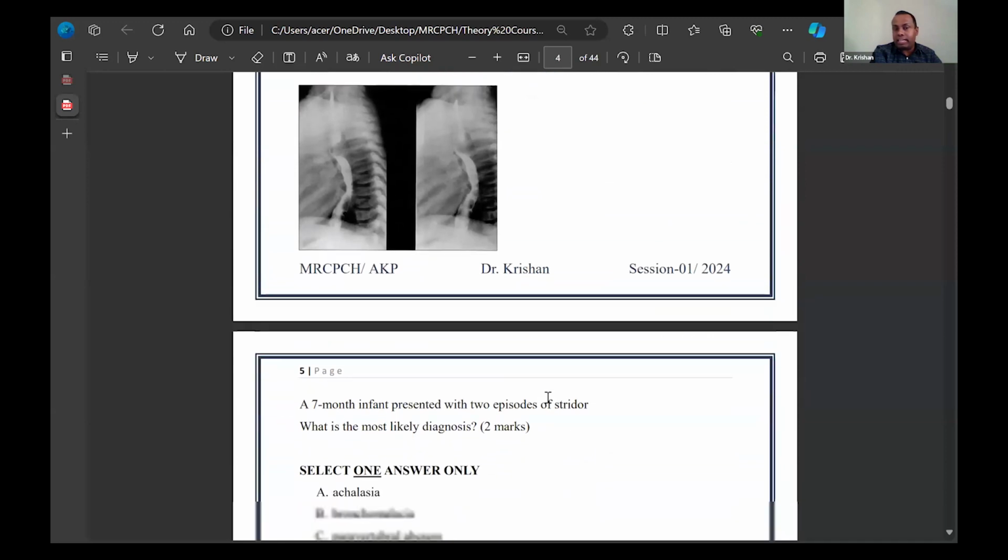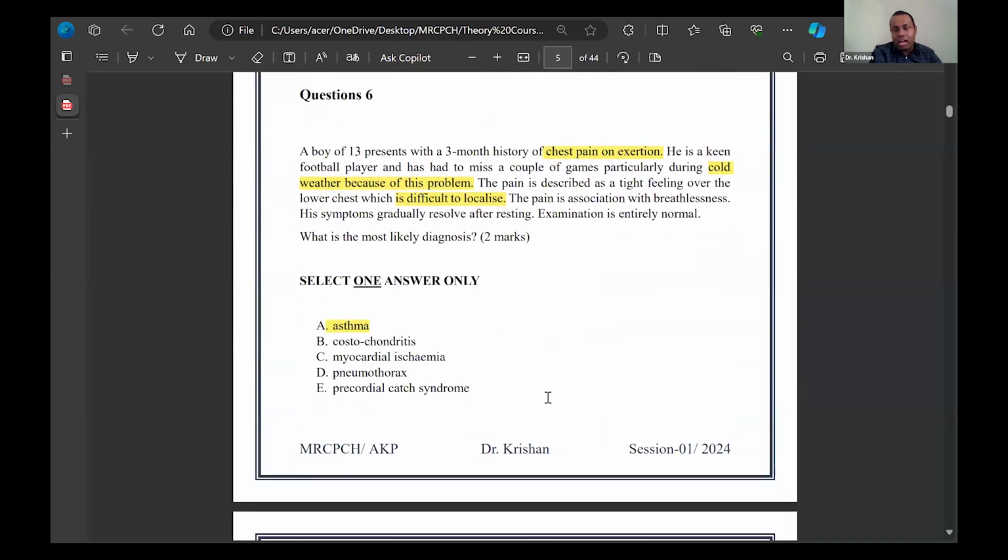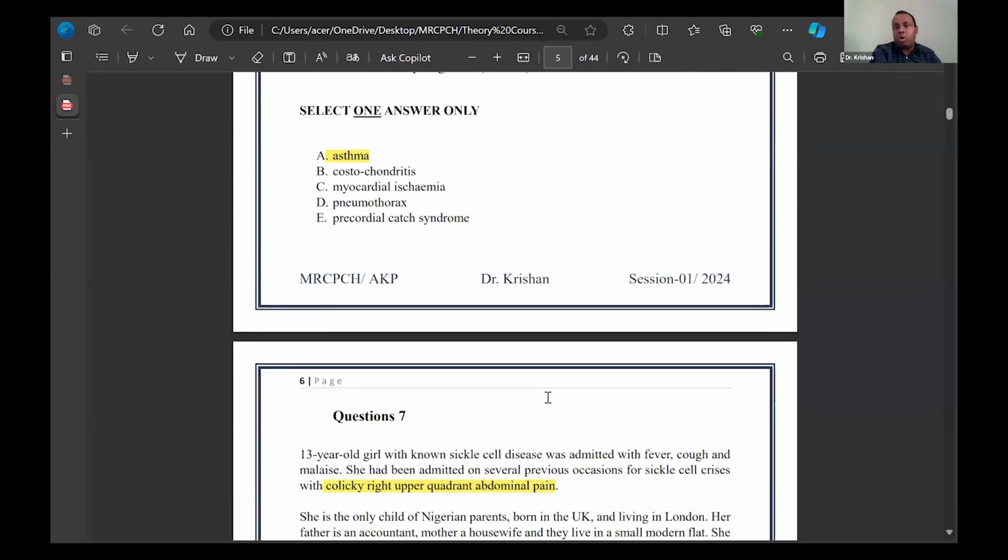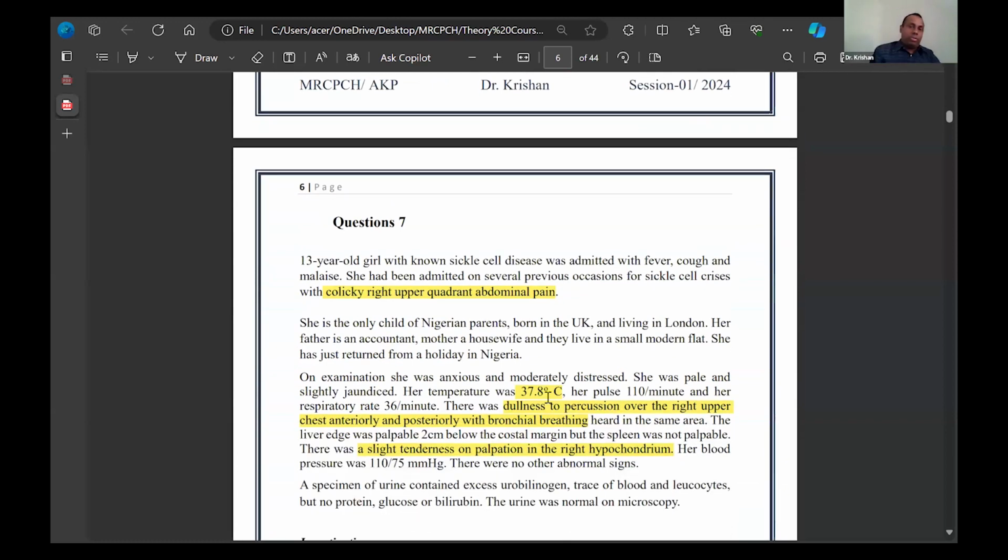If I were the candidate, when I did MRCPCH, I skipped these long questions during my first round. When I see that the question is 1 page long, 2 pages long, I simply skip that, go to questions with fewer details. That will save my time.